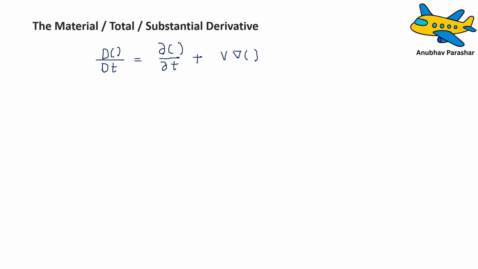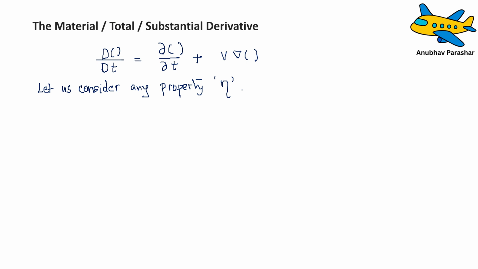So let us consider any property, let me say eta. This eta could be pressure, temperature, velocity, acceleration, whatever it is. Using this, we'll try to figure out how the Lagrangian description is actually converted into the Eulerian description. Don't worry, we are going to understand in detail. You might be a little confused at this point, but all your confusion will be cleared as you go through this.